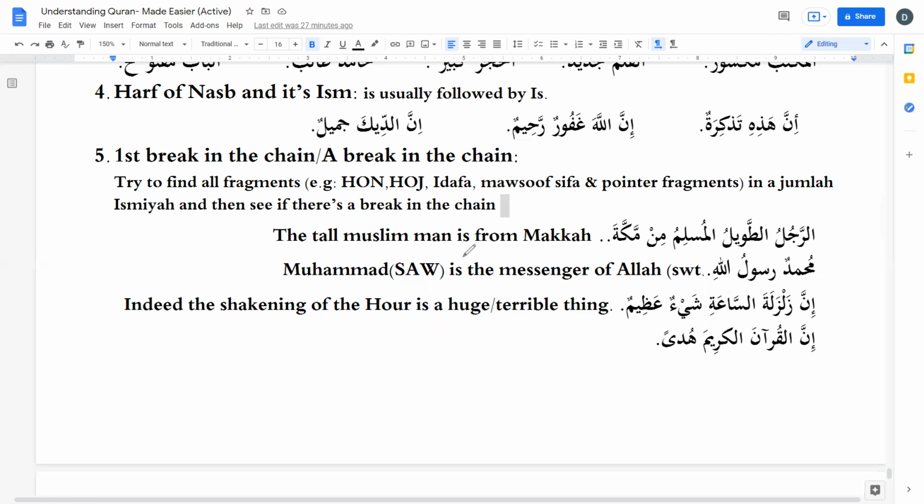Same construction. Innal Quran al-Karima Hudan. Okay, now you tell me, what fragments do you see? First you tell me what fragments do you see? Innal Qur'ana. Yes, inna, harf of nasb, and Qur'ana is one fragment. Do you see another fragment?